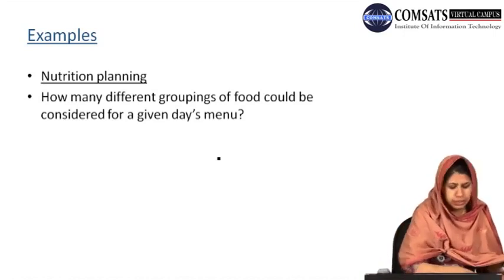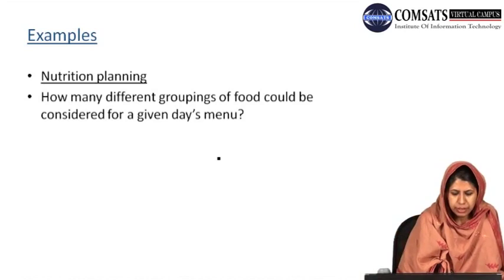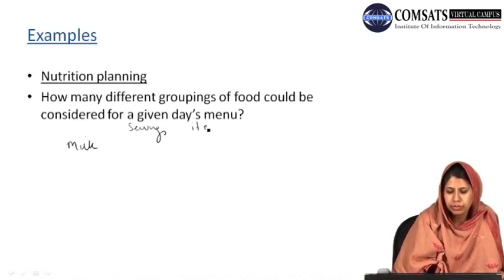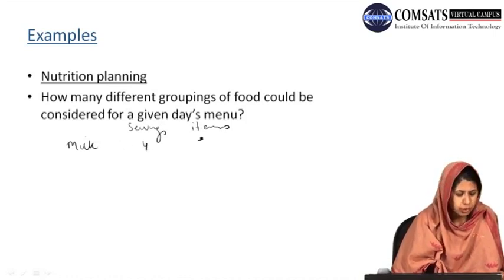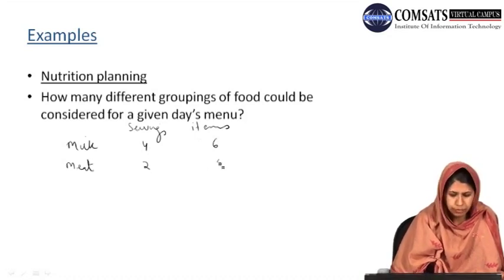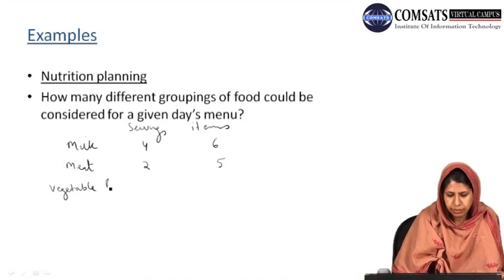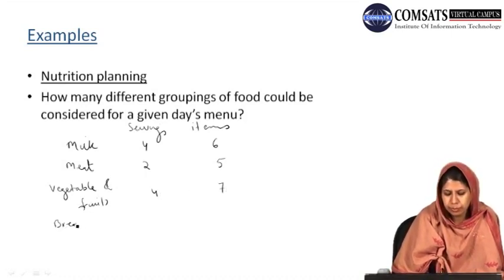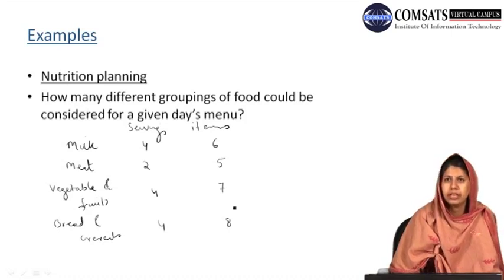First we write the information we are provided with. For the case of milk, the number of servings and the number of items: 4 servings from 6 items of milk; in the case of meat, 2 servings from 5 items of meat; in the case of vegetables and fruits, 4 servings from 7 items; and in the case of bread and cereals, 4 servings from 8 items.